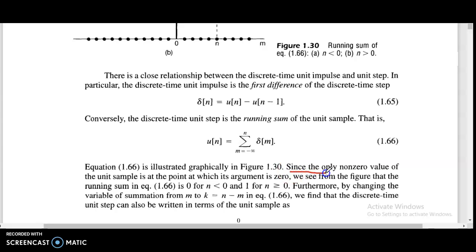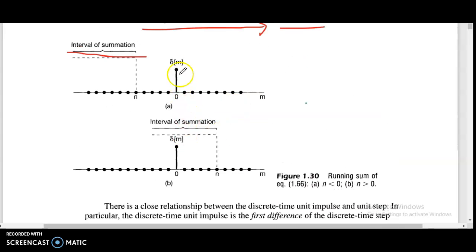Since the only non-zero value of the unit sample is at the point at which its argument is 0, it means that only at n equal to 0 is the value 1, and the remaining are all 0.